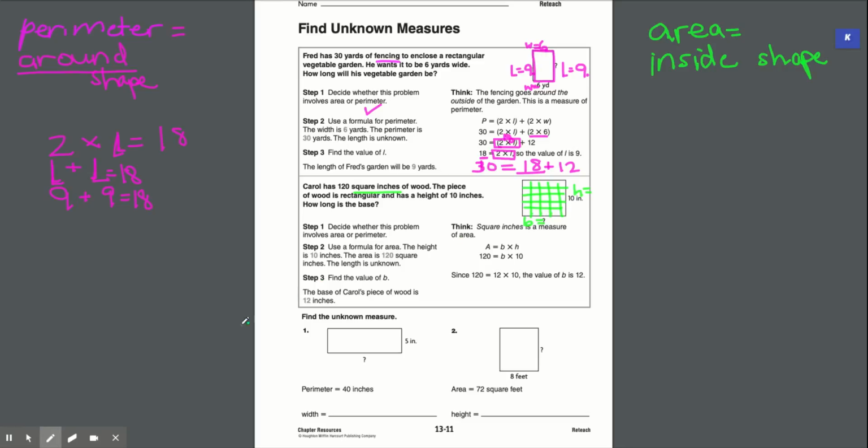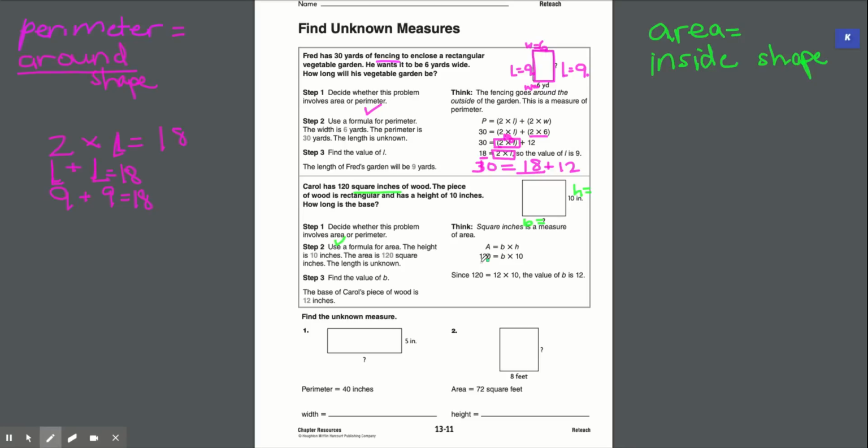So let's decide whether this problem involves area or perimeter. Well, square inches gives you a clue because we only use square units when we're measuring area. Use a formula for area. The height is 10. The area is 120. The length is unknown. So we know that area equals base times height.